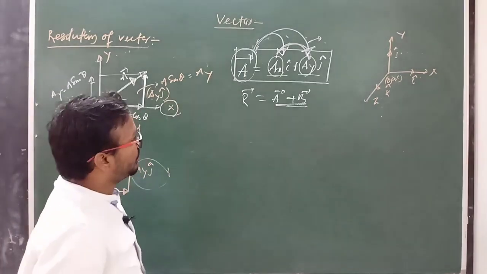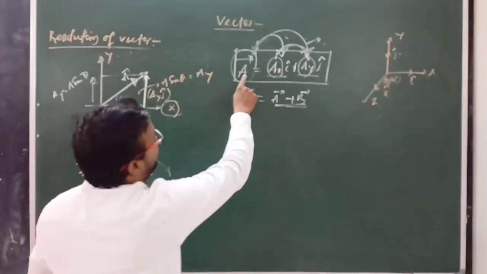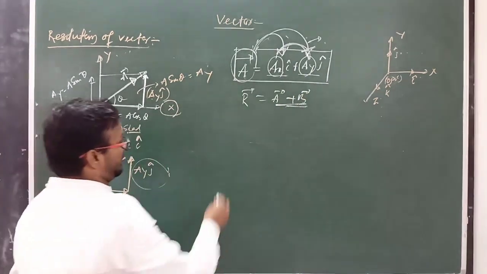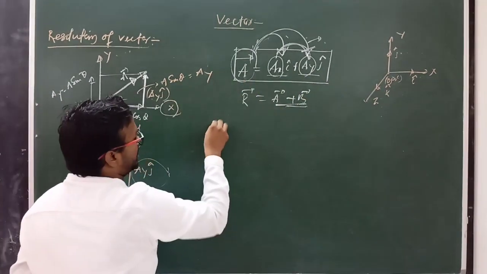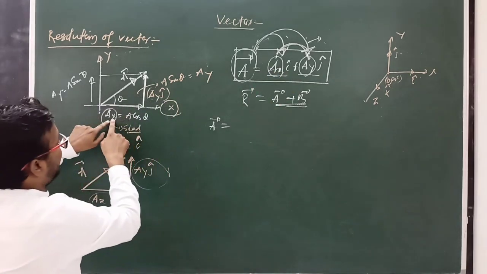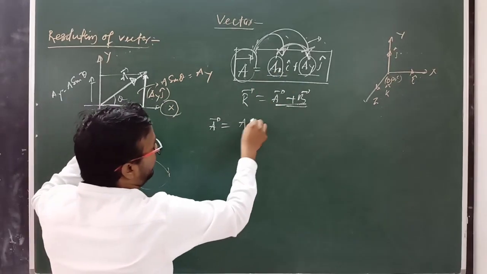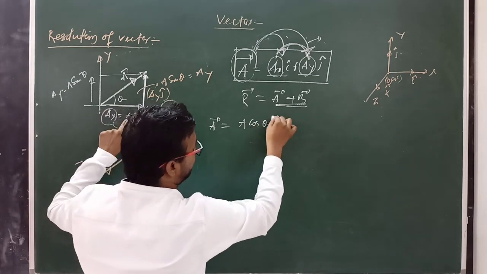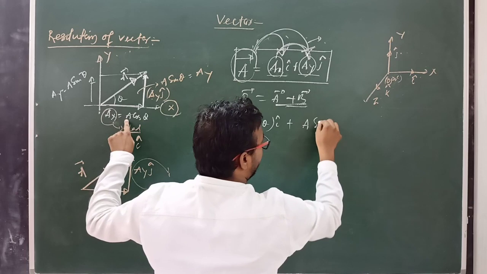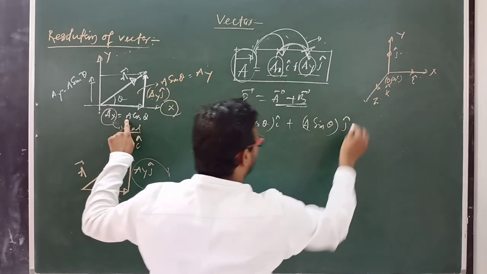Clear? Okay, so we got here a vector equal to ax i cap plus ay j cap. Now we have to use the values. So a vector can be written in rectangular components with x equal to a cos theta: a cos theta i cap plus a sin theta j cap.